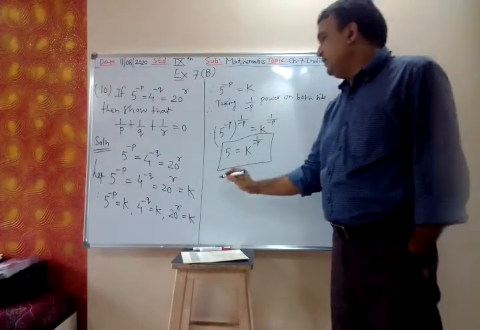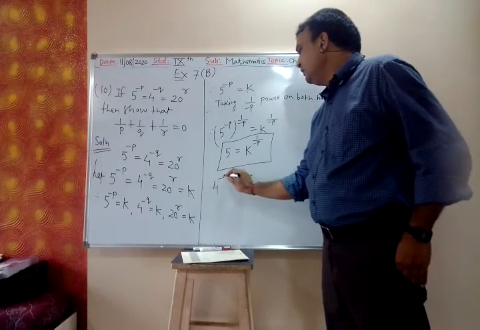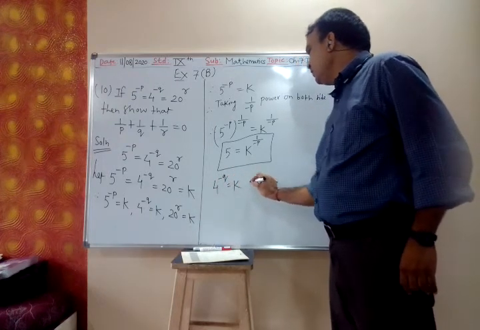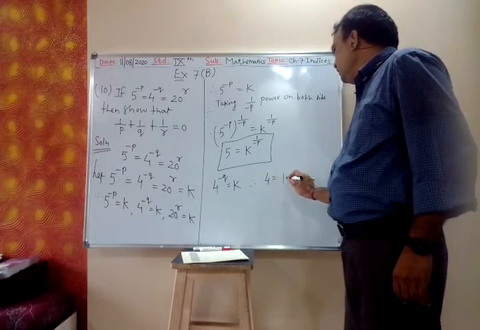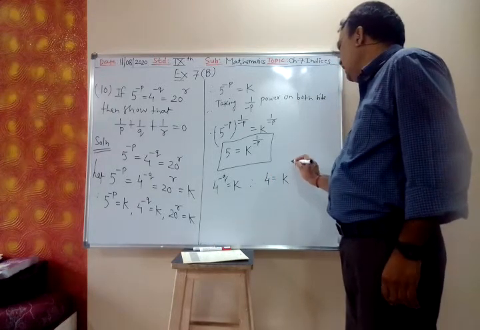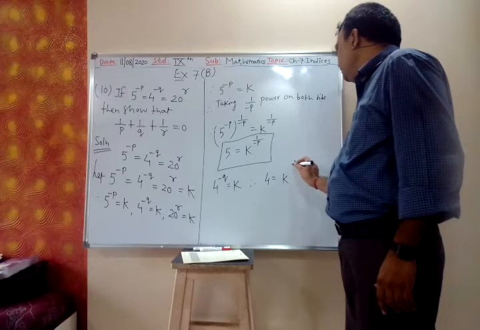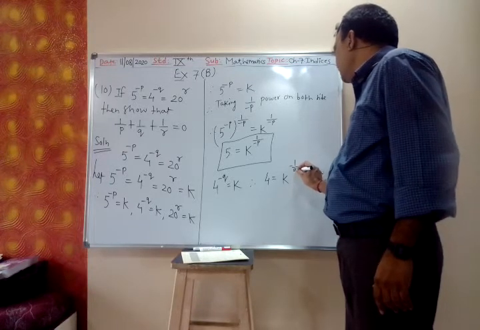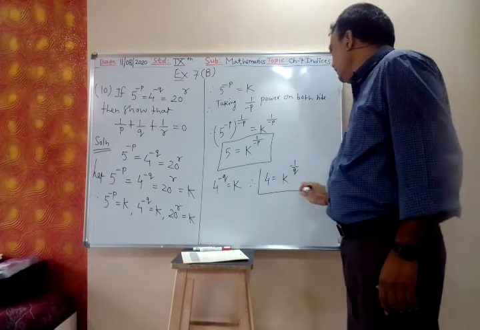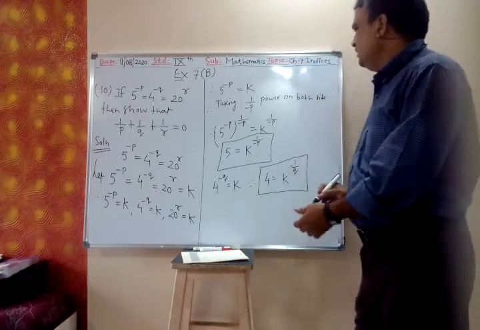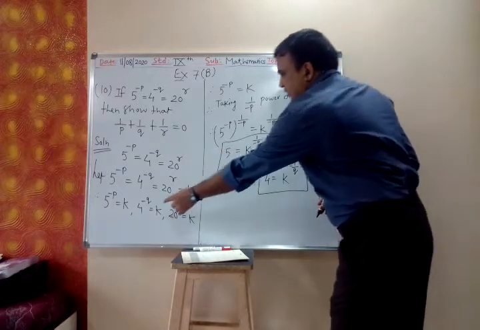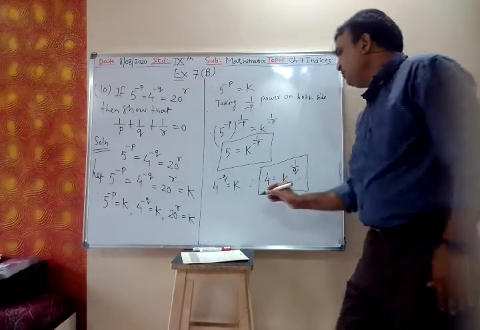Similarly, I will write other part. 4 raised to minus q is equal to k. So let me write directly. 4 is equal to k raised to 1 upon minus q. You can write minus 1 upon q, no problem. For second part, 4 raised to minus q is k.